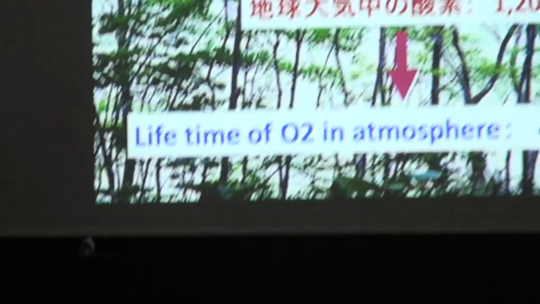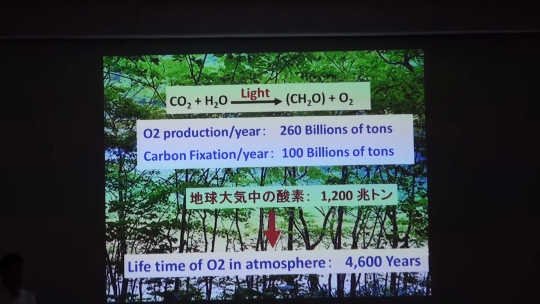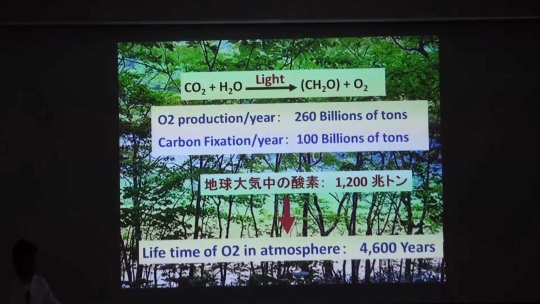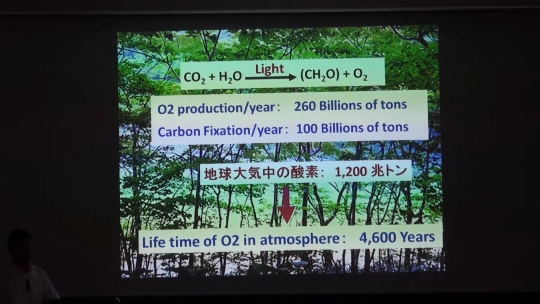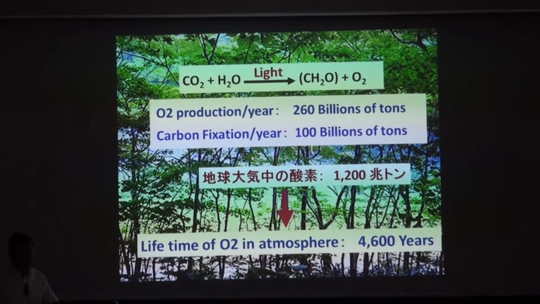As you know, the oxygen in the atmosphere is produced by so-called photosynthesis, by plants and algae, which we call photosynthetic organisms.